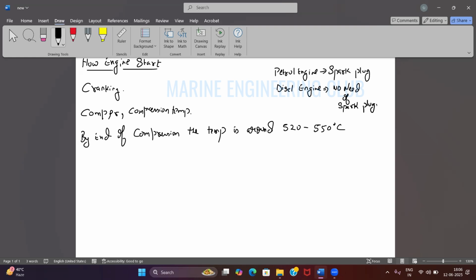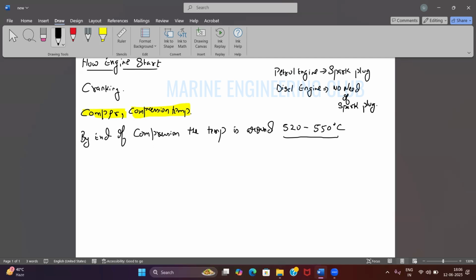They will engage with your flywheel and turn it. When the flywheel is turned, your piston is going up, moving inside the liners, and it will develop some compression pressure and compression temperature. By the end of the compression, the temperature is around 520 to 550 degrees Celsius.